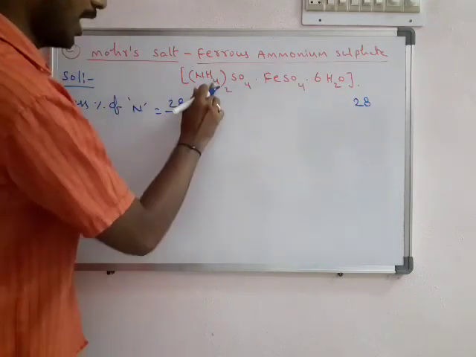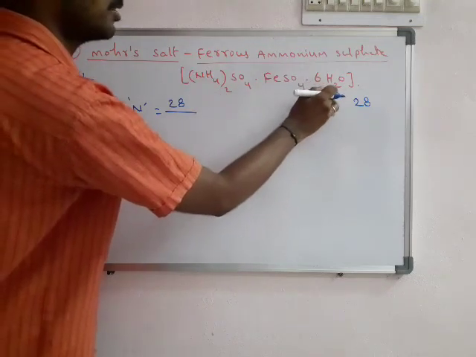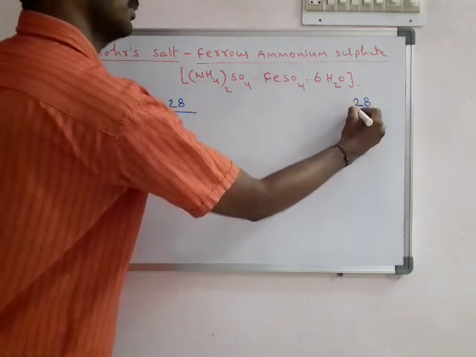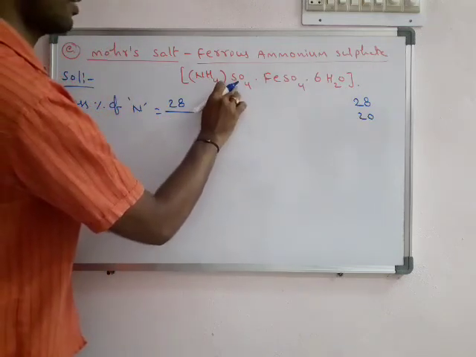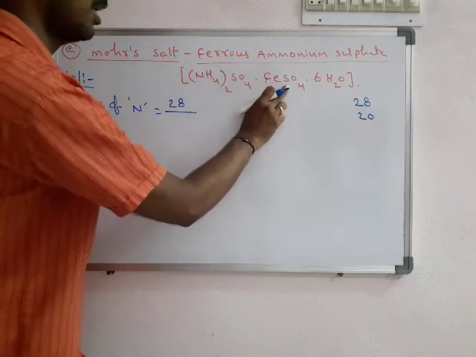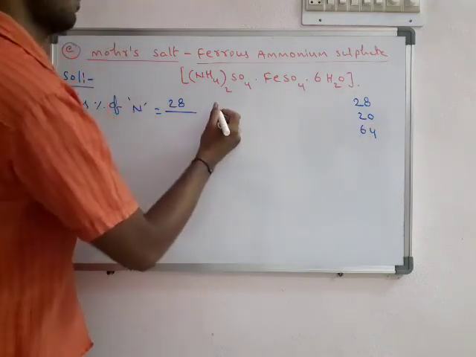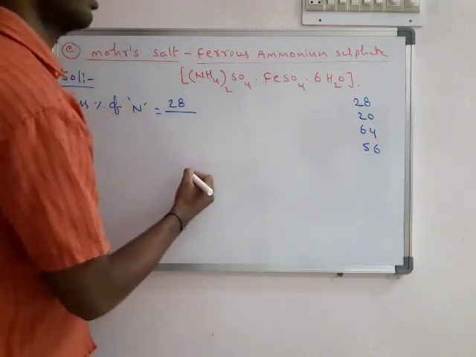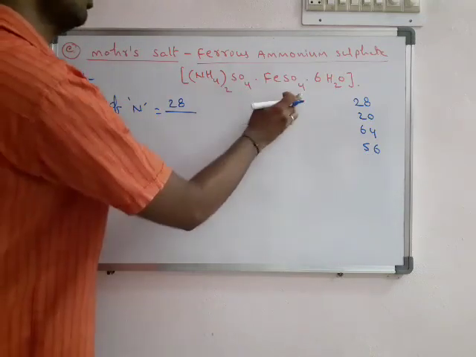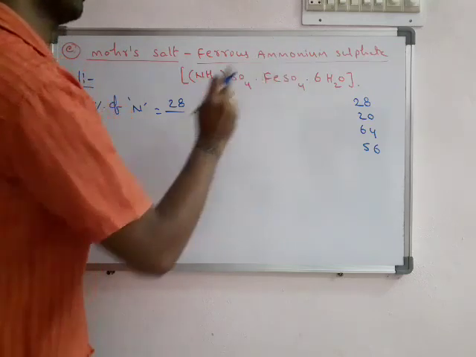See here, 28. How many hydrogens totally? 4, 8, 12, okay, 20 hydrogens. How many sulfurs? Here 1 sulfur, here 1 sulfur. 32, 32, okay, 64. Next, iron: 56. The remaining oxygen: here 4 oxygens, 4, 8, 14.